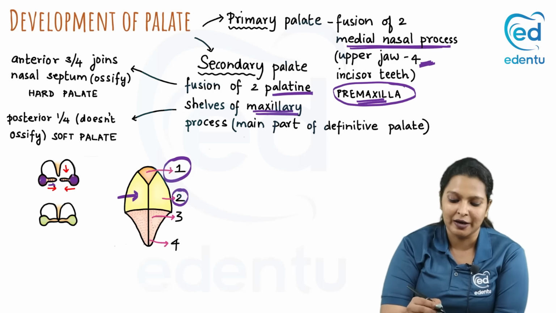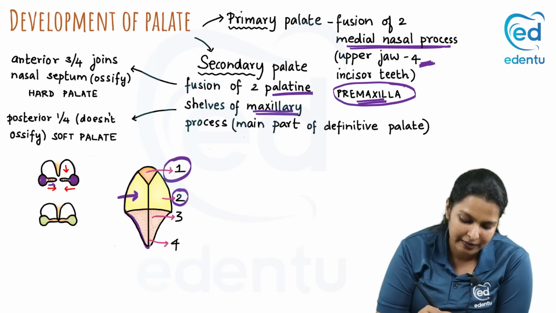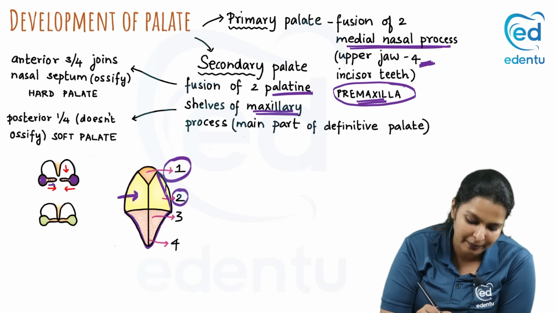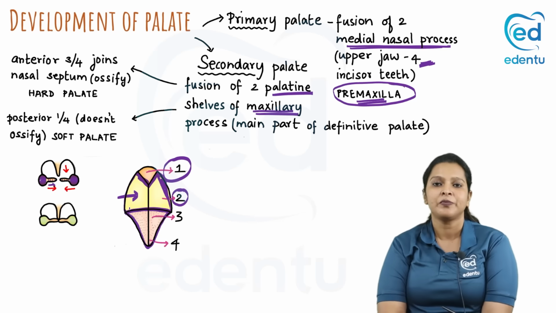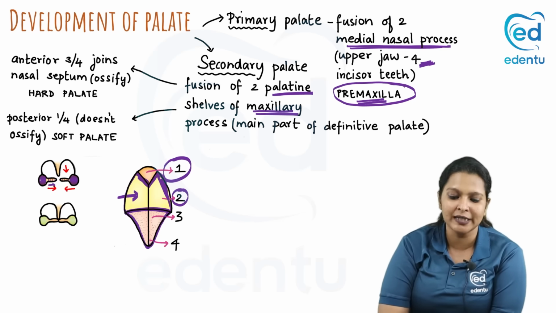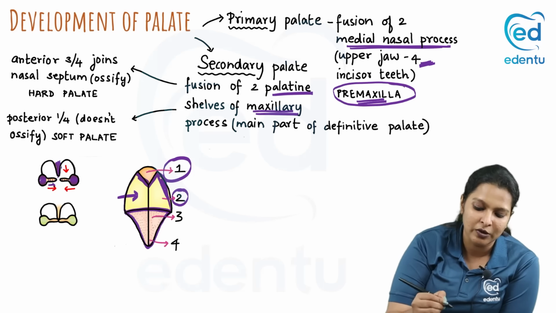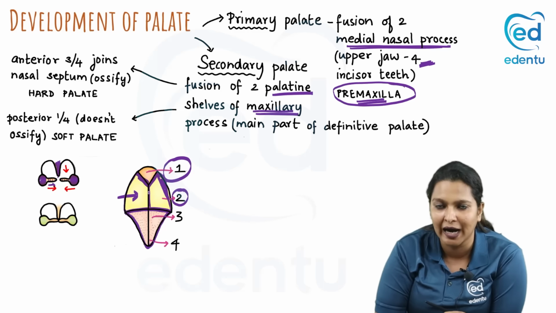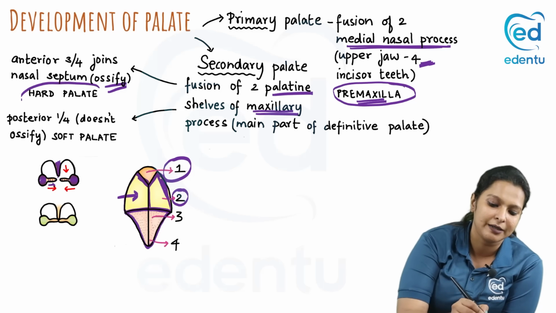In this also you have to know the entire part is called the secondary palate. In that only part of it will ossify or become bony. So which is the part that ossifies? The part that meets the nasal septum. Only the part that meets the nasal septum in the midline will become hard and bony to ossify and form the hard palate.